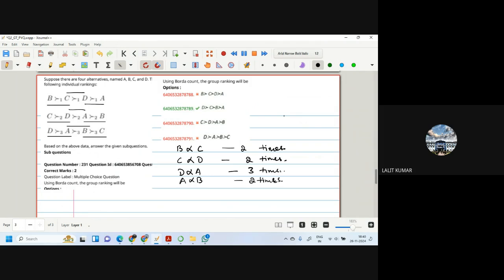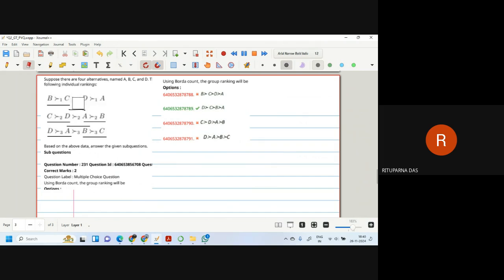In the Borda count, we had learnt one thing. I was using the majority rule just now, but in the Borda count, what do we do? We need to give ranks. We say this is 0, 1, 2, 3, 0, 1, 2, 3, 0, 1, 2, 3.